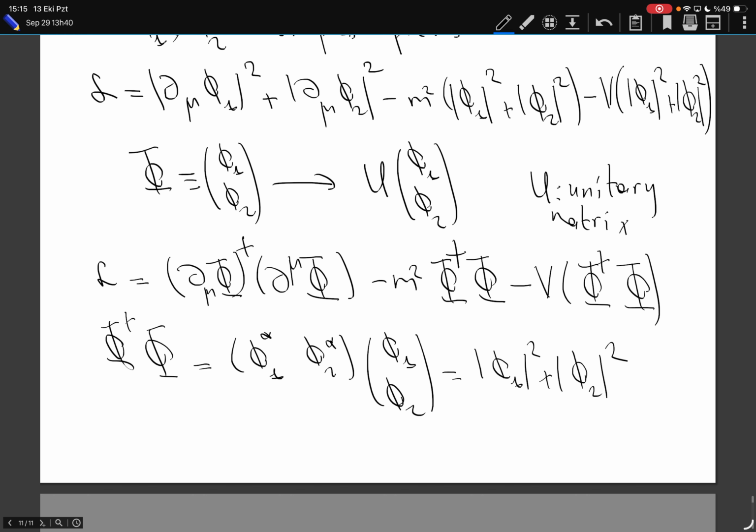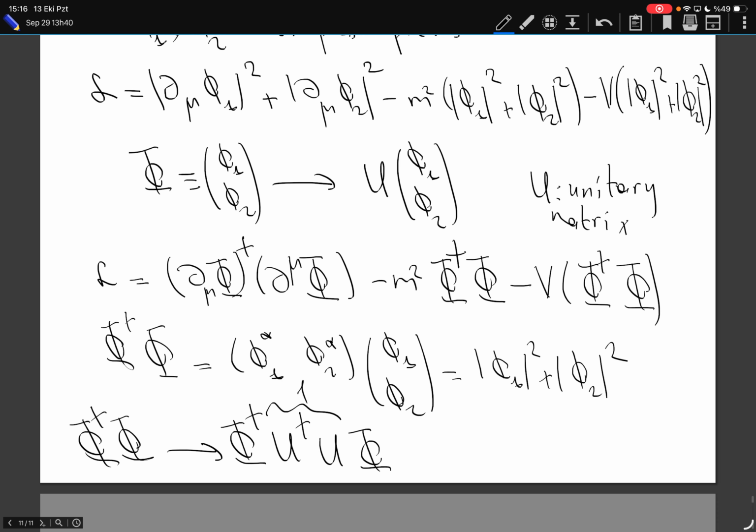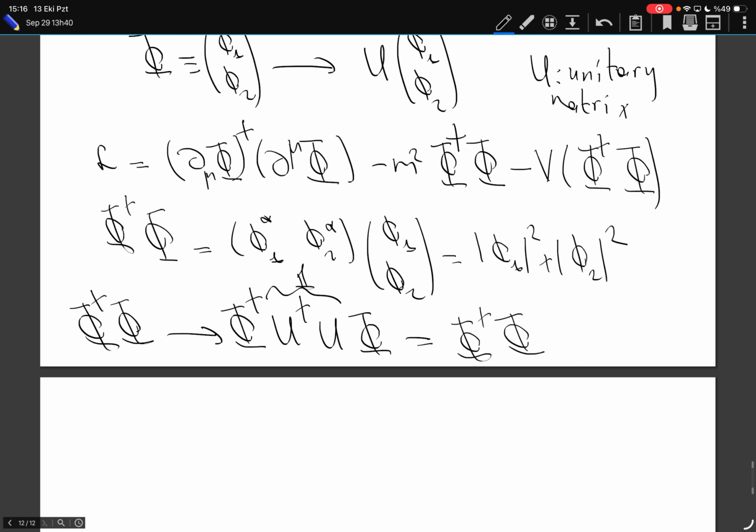Well, since u is unitary, phi dagger phi will be transformed into phi dagger u dagger u phi. This is how it will change. But since u is unitary, this is 1. So this is another symmetry of my problem.